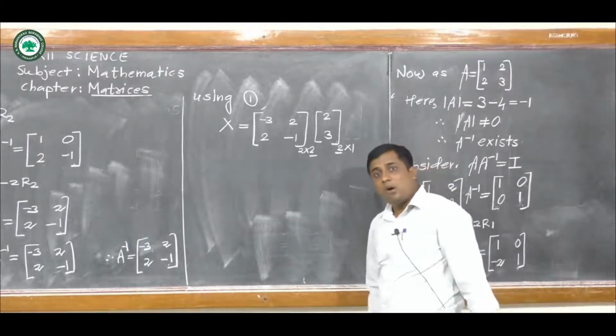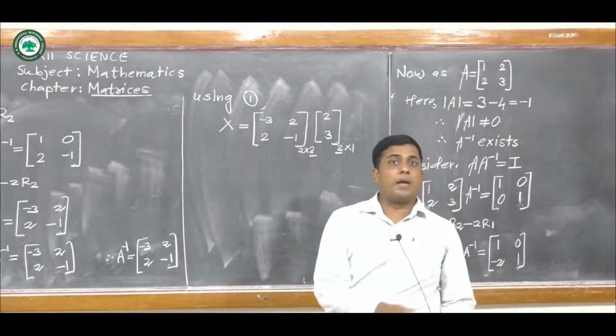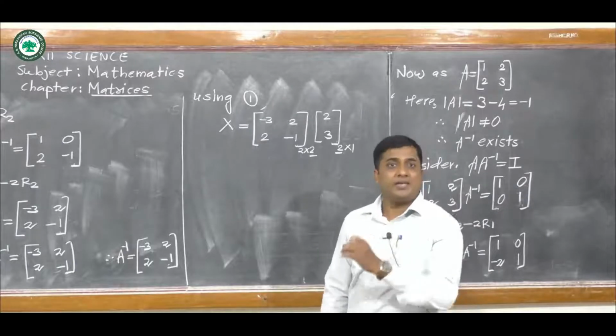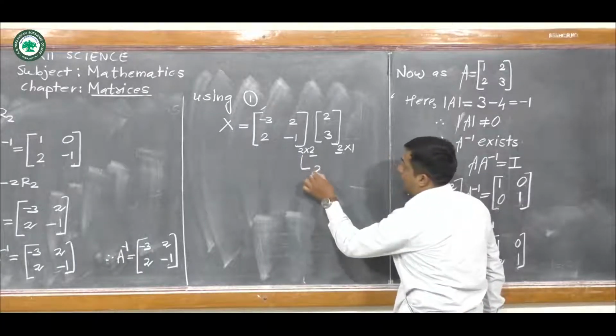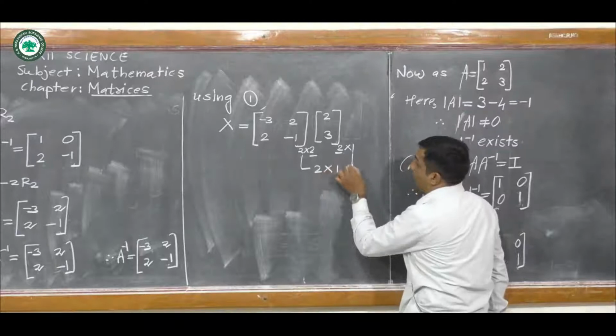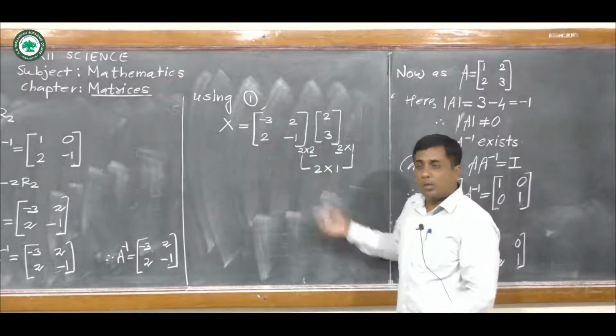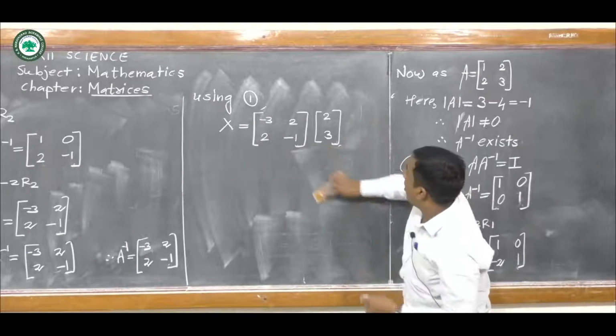If these two are equal, the product is conformable. And here the new matrix has order 2 by 1. So remember this.